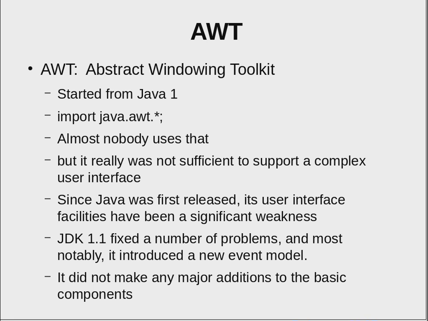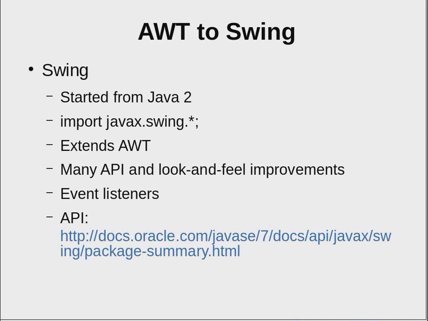It worked differently on different operating systems, and therefore it is not used anymore. And starting from Java 2, and remember, around that time, a new Java version was released approximately every 2 years.